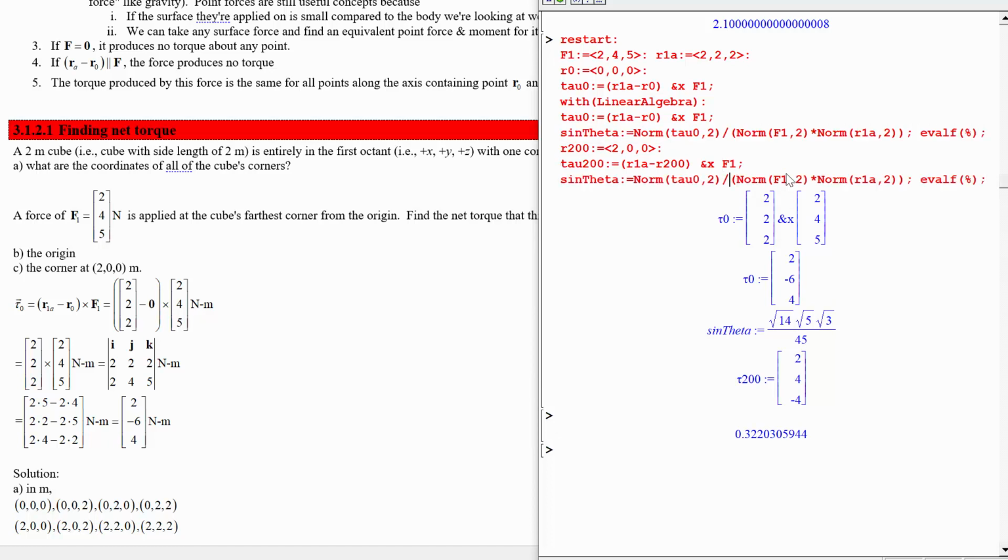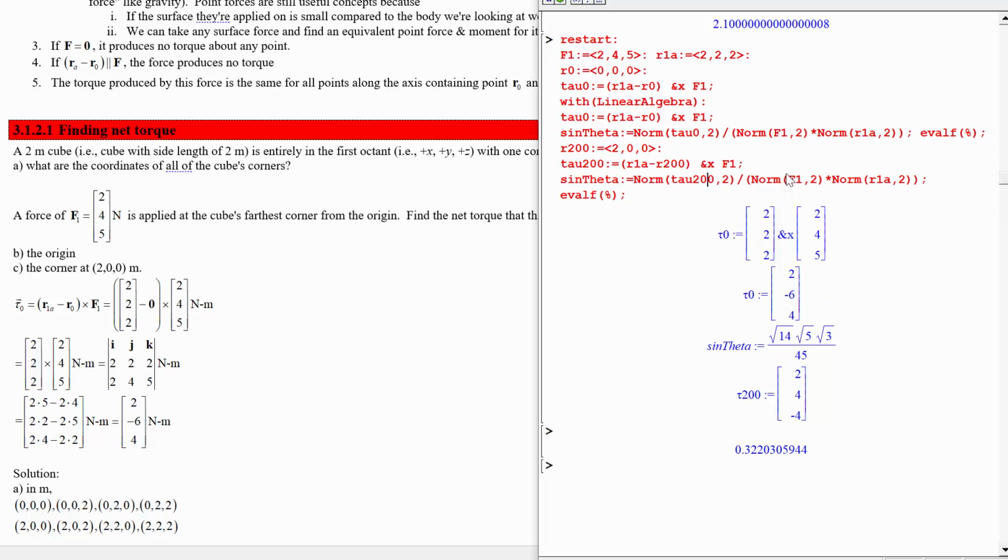So if we take the norm of tau 200 and divide that by the product of those norms, actually here we divided by that one, so we're going to need to use this full vector, the moment arm there. It worked out in the first one because it was a moment arm from 0, so subtracting the R naught didn't really matter.